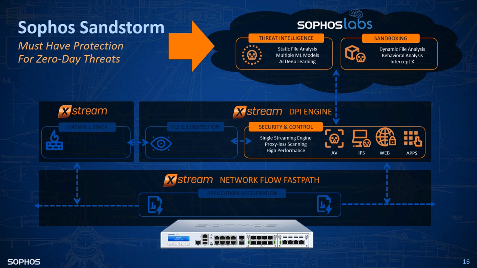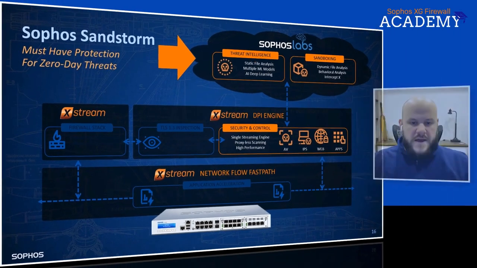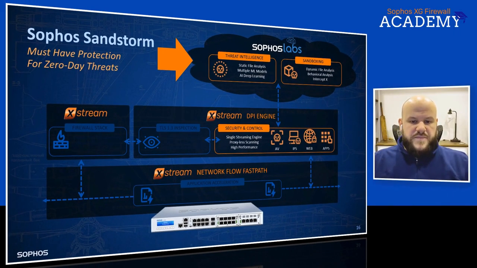And what's more, if the AV engine detects any file with active code, such as an executable or document with a macro, it will send that file to Sophos Labs Cloud Services for static machine learning based threat intelligence analysis and dynamic sandboxing behavioral analysis to stop the latest ransomware attacks and variants. And as with everything else we do, customers get unprecedented visibility into this analysis that other vendors just simply cannot match.